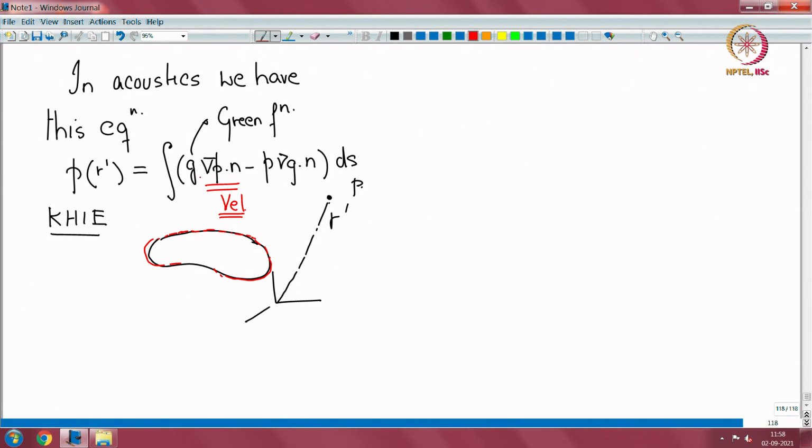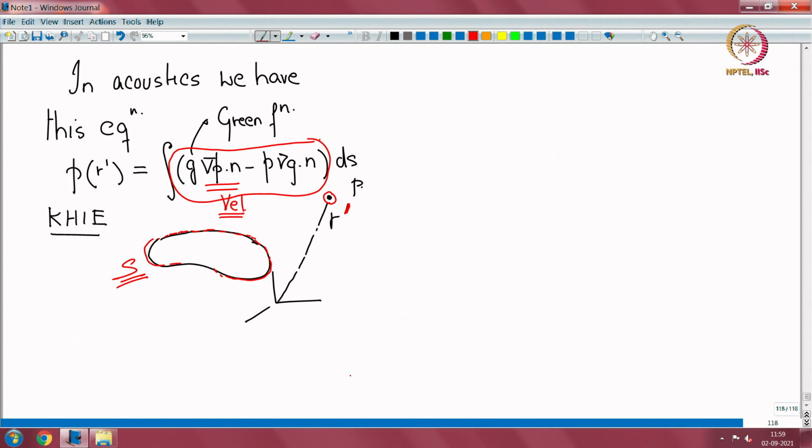Then we can use this integral to find the pressure at a point R dash. So we integrate on this surface. Okay, that's what KH integral says.